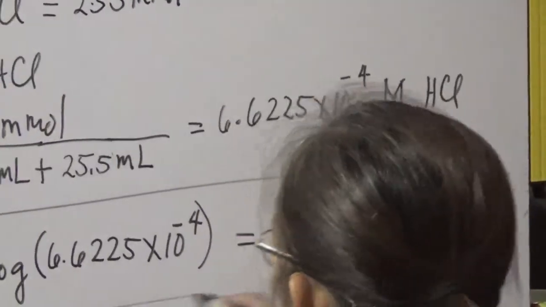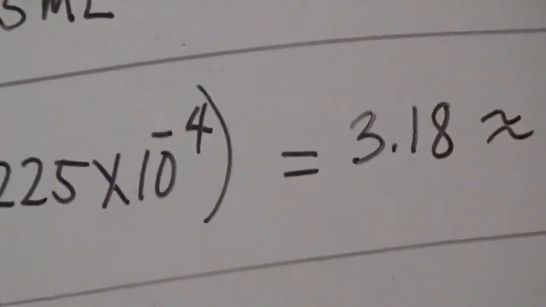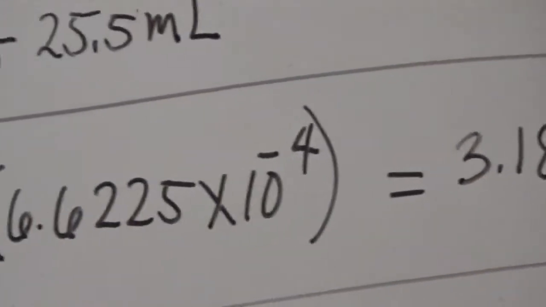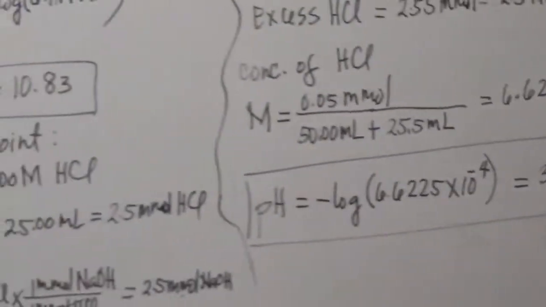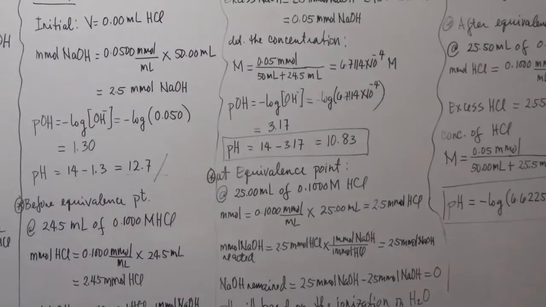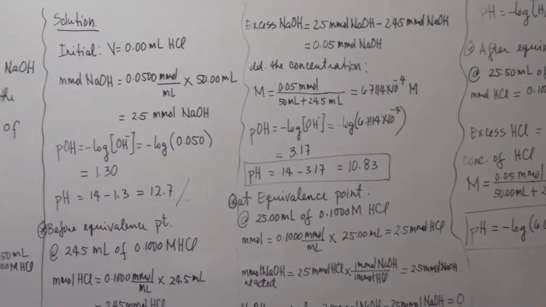So we are ready to sketch the graph of the titration curve, the one that I drew here, and it has been erased. So I'm going to redraw it again. We will just have the summary first.